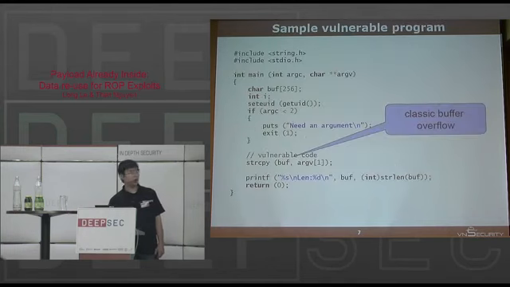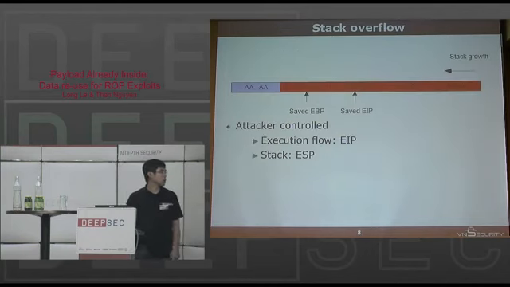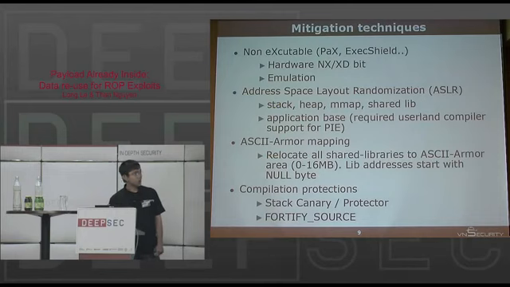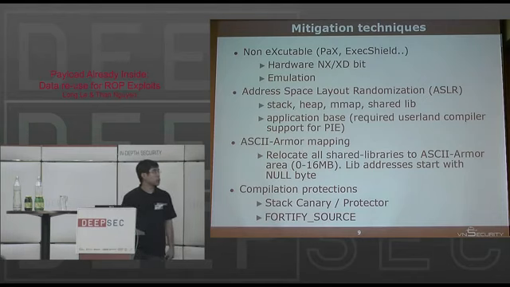So this one I will try to go very fast because it's just basic things and a recap. This is just the basic buffer overflow problem, which I think is simple. Nowadays, for example, Linux has a lot of different mitigation techniques.